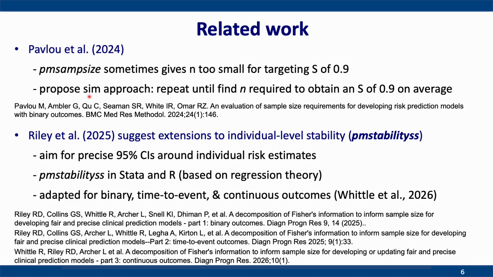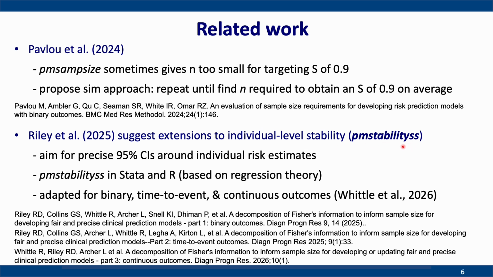So they propose a simulation-based approach where, based on a particular sample size, they repeatedly develop models to see what the average shrinkage is, and then they work out the sample size to target the 10% shrinkage factor, essentially. Really lovely paper.